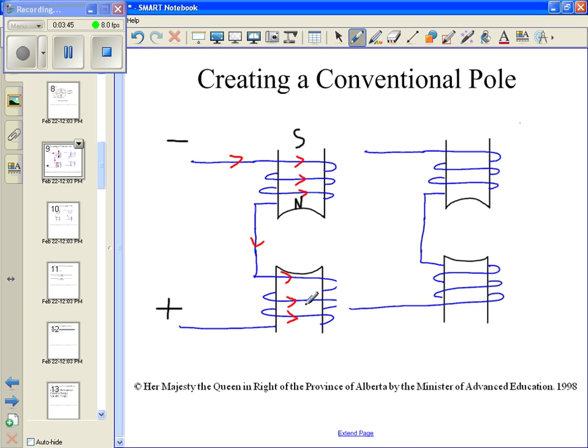Now let's evaluate the bottom part of this coil. As current flows, we use the left-hand rule again. That means we end up with a north pole down here, which means the result is a south pole right there.